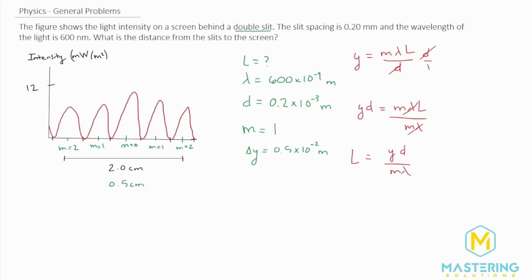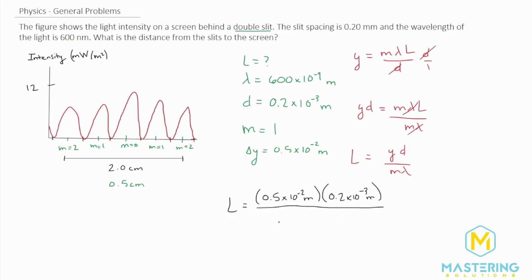When we plug in our information, L is equal to y, in this case we said is 0.5 times 10 to the negative 2 meters, times the slit spacing, which we said is 0.2 times 10 to the negative 3 meters for millimeters.